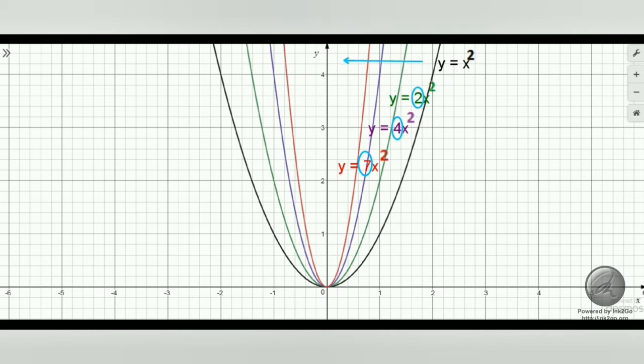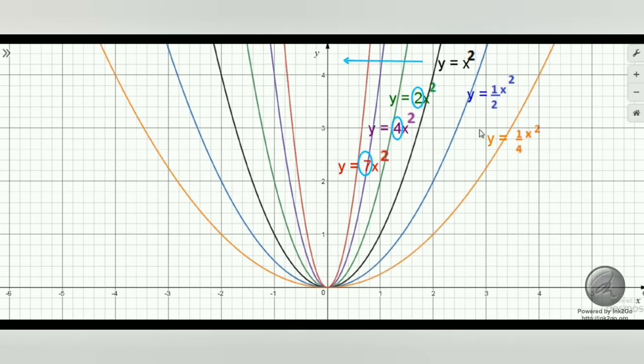Now let's see some functions with coefficients between 0 and 1 also. These are the graphs for y equals 1/2 x squared, y equals 1/4 x squared and y equals 1/6 x squared.